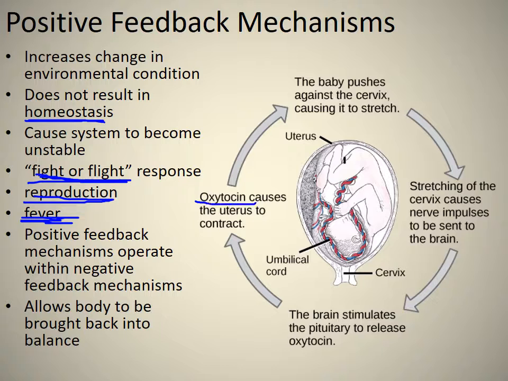The oxytocin will then be created until the uterus and the baby will expel through the cervix. Oxytocin will increase contraction. And once the baby's out, a negative feedback mechanism will come into play. Oxytocin will stop being produced, and oxytocin levels will be brought back to normal.